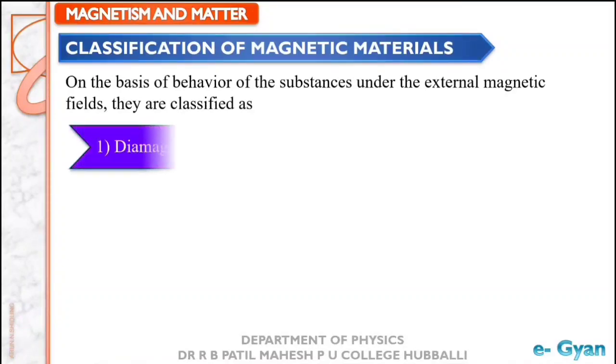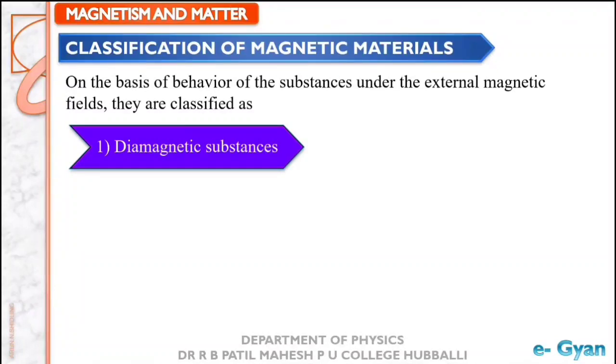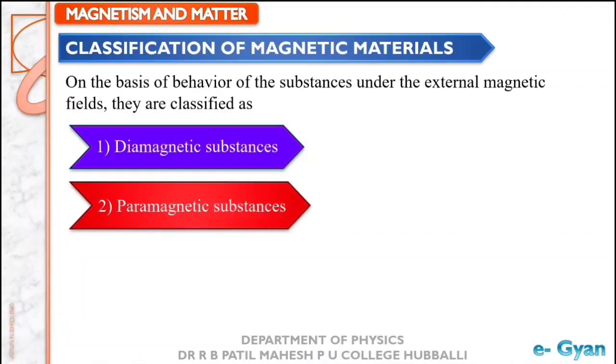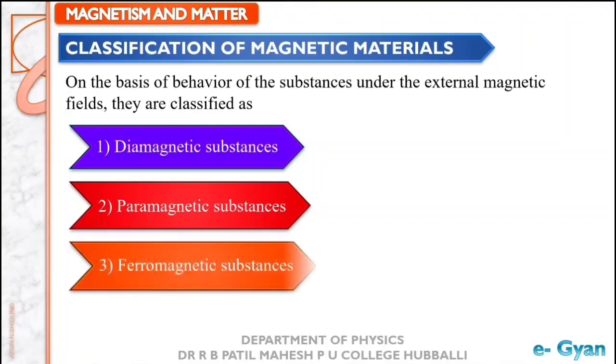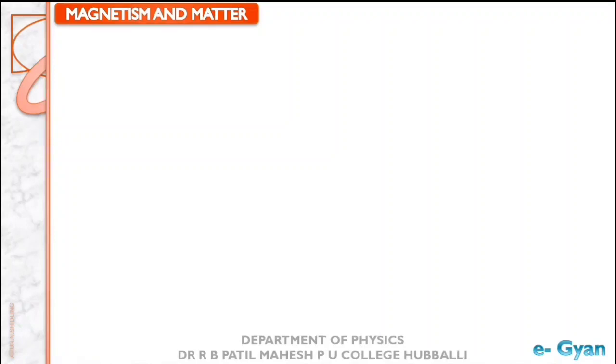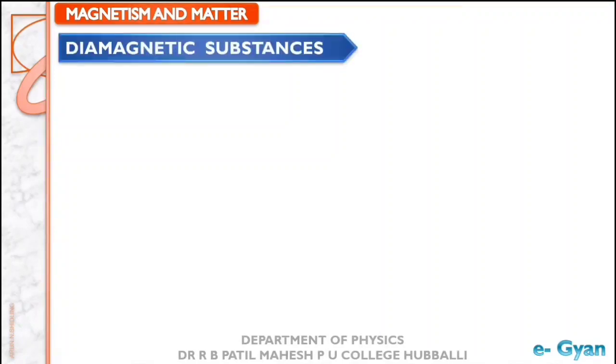They are diamagnetic substances, paramagnetic substances and ferromagnetic substances. So let us start our discussion with diamagnetic substances.